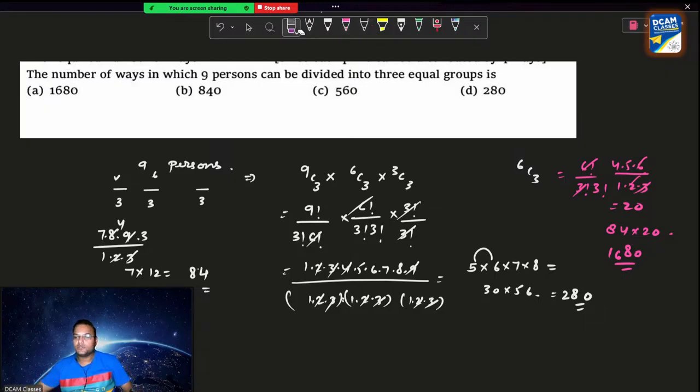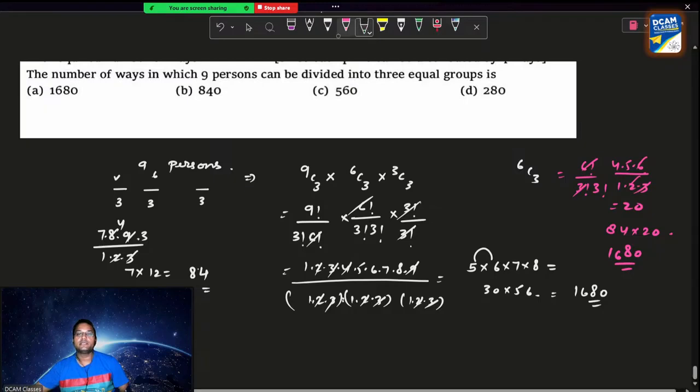Then its answer should be wrong. Why have I written 280? It's 1680, na? Then the answer should be 1680 only. What have they done? 9 factorial. They also did the same thing. The answer is correct. 1680 is the right answer.